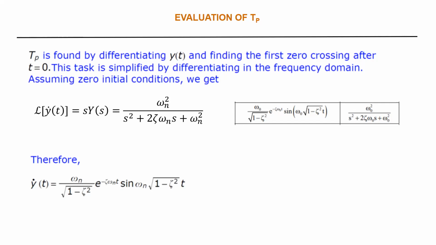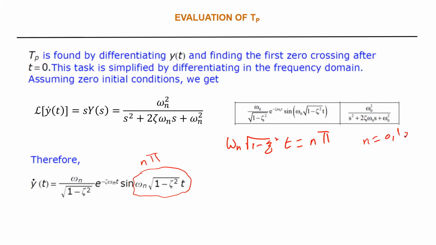So when will the sine be 0? That will be if I have omega n root of 1 minus zeta square times t equal to n pi. The whole thing is equal to n pi, where n equals 0, 1, 2, and so on.